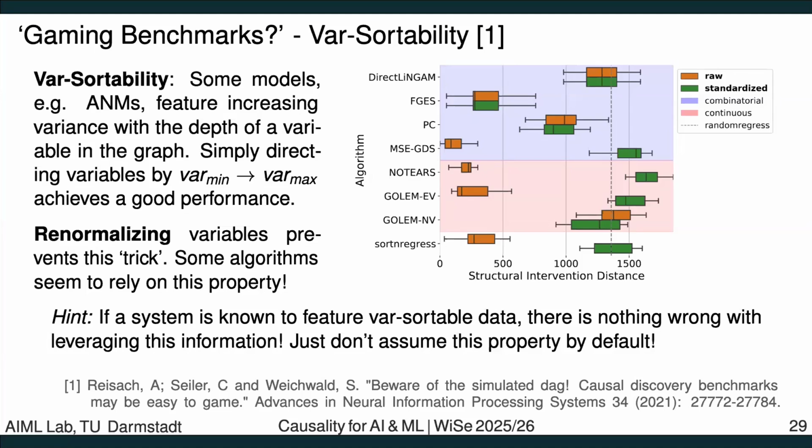So if you know there are really these linear additive things like rivers flowing into each other and so on, they might feature this property, and there it's a valid thing to use this information or this knowledge to improve our discovery algorithm.